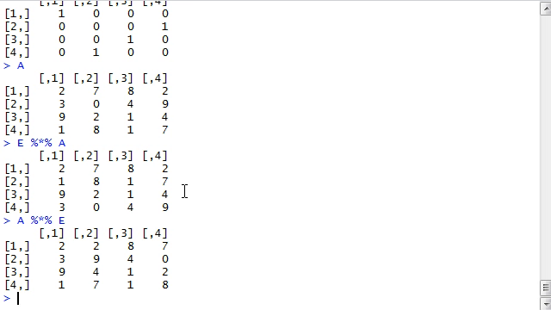For example, when I did this here, E times A could be any matrix as long as the rules for multiplication are satisfied. So my E had 4 columns, which means that A must have 4 rows. But it could have 6 columns, for example. It would work just the same as well. Same when I post-multiply by E, A could have been, for example, 6 by 4, and the result would have been the same, switching columns 2 and 4.